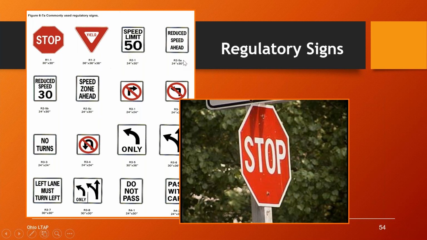And yes, this is an old slide, because look, this reduced speed ahead sign up here in the top right no longer looks like that. If you're in a city or a village, your reduced speed ahead sign should now be a yellow diamond shaped sign.